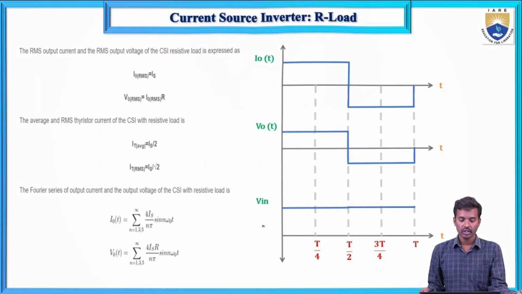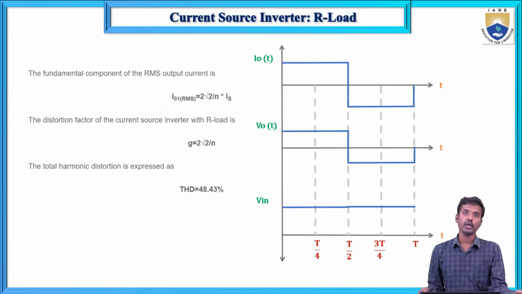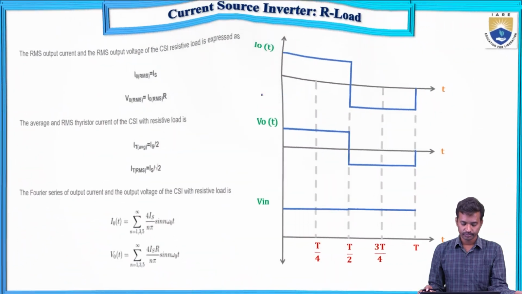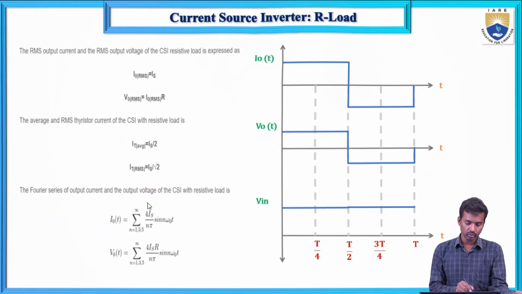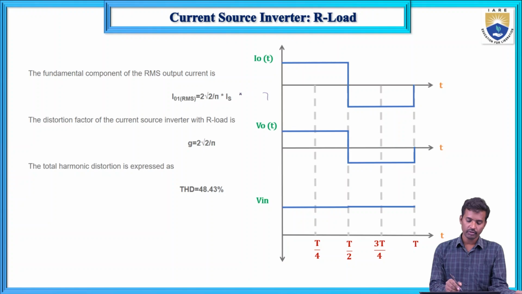Now the next formula, the fundamental component of RMS output current. You can calculate this one: 4 into IS by n pi, and fundamental means n equals 1, then divided by root 2.